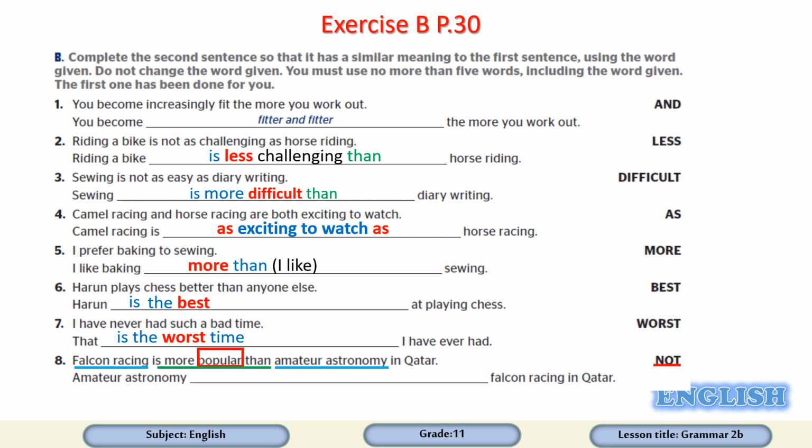Look at the word given, not, to express the meaning of inequality, the meaning of dissimilarity. What structure do we use? Very good. We use not as plus adjective plus as. So here we are going to use, yes, very good. We are going to use not as popular as. So the answer will be amateur astronomy is not as popular as falcon racing in Qatar.